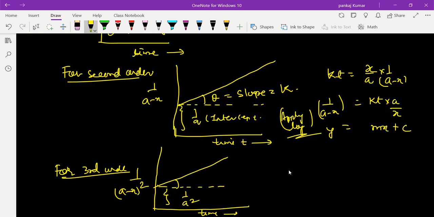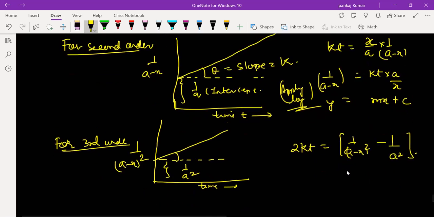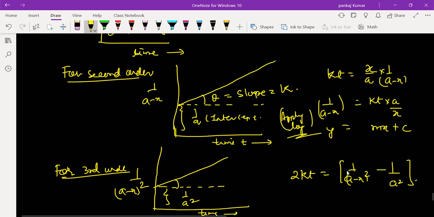So kt now, 2kt is equal to, we can apply 1 by a minus x whole square divided by 1 by a square. So this is the graph. I think here for second order we have the graph kt is equal to 1 by a minus x.